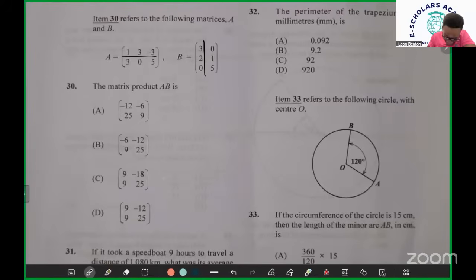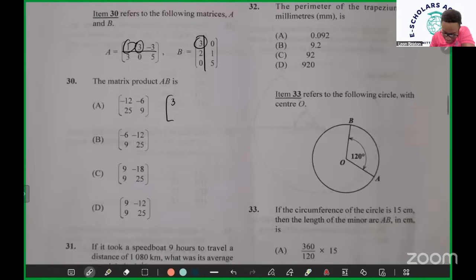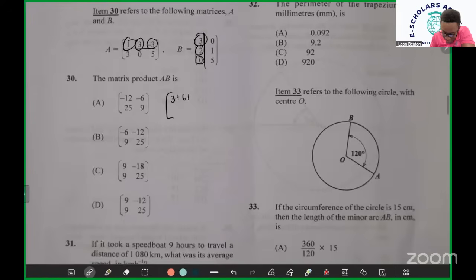All right, let me go through it quick. 1 times 3 is 3. 3 times 2 is 6. -3 times 0 is 0. So we got 9. So we got two options as 9.